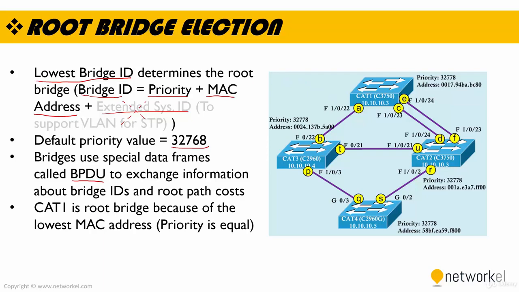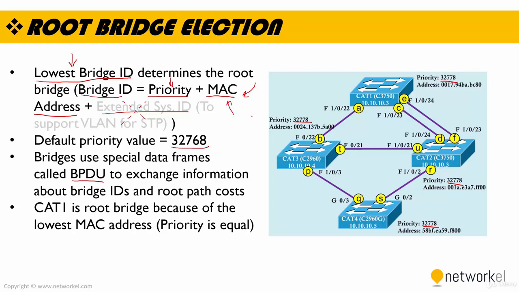The first thing we need to check is the priority value. As you can see in the figure, priority values are the same for the switches. So the second thing we need to check is the MAC address. Because we need to find the lowest bridge ID, we need to find the lowest MAC address.